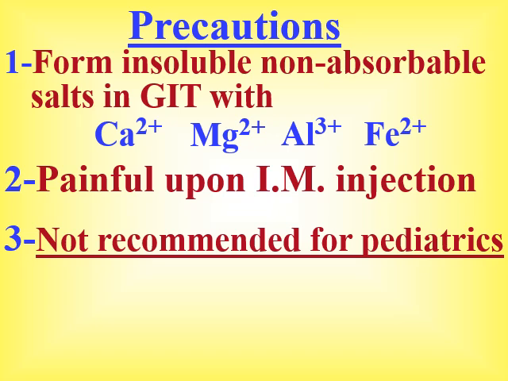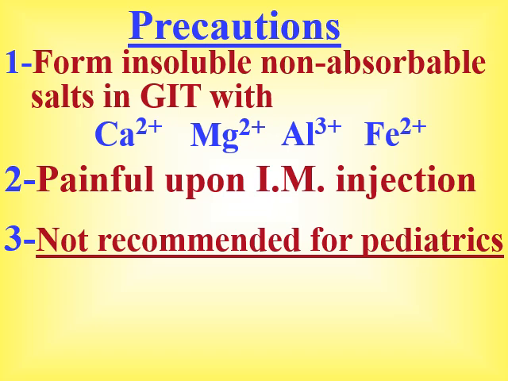Another precaution while taking tetracycline, they are painful upon intramuscular injection. Why? Because they will cause chelation with the calcium in the muscles. They will form in this case an insoluble complex which will precipitate, causing pain and irritation. How to solve this?